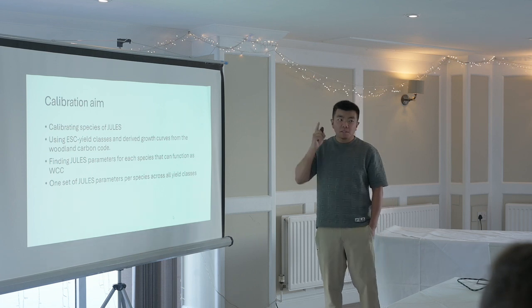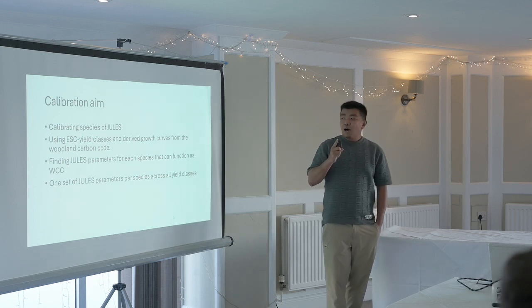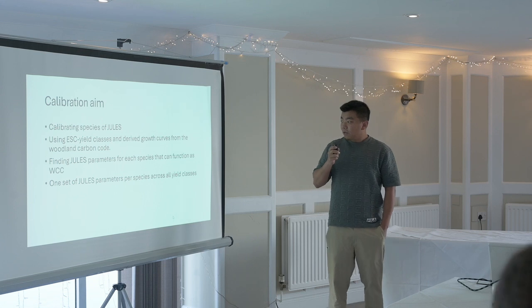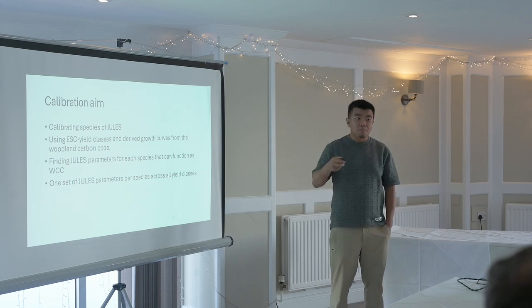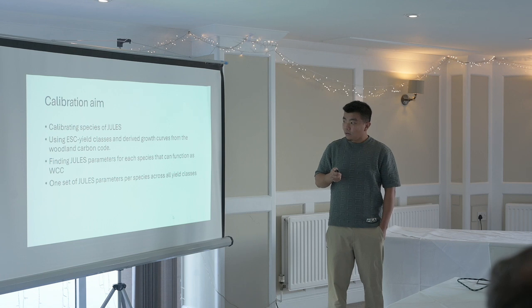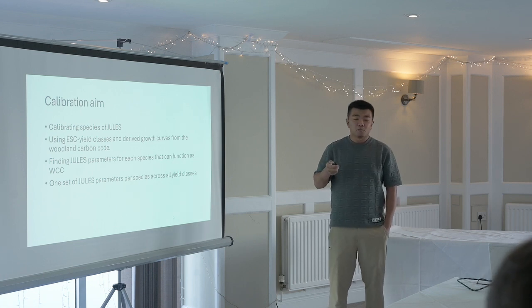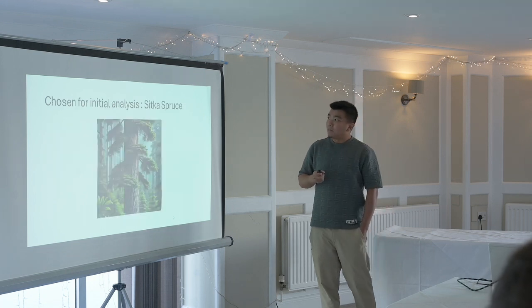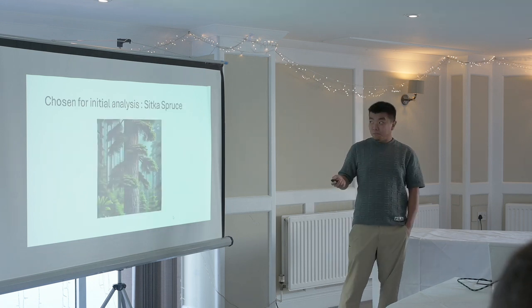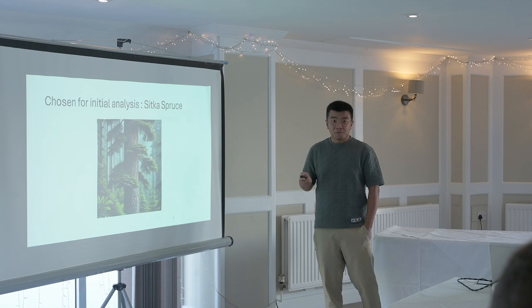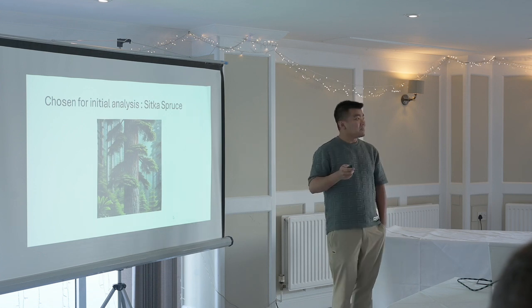We want one set of JULES parameters per species across all the yield classes. Of course, when the species changes, the parameter set would change. But for one species, there's only one set of parameters we're looking for. And not surprisingly, we're choosing Sitka spruce, same as Suzanne yesterday.